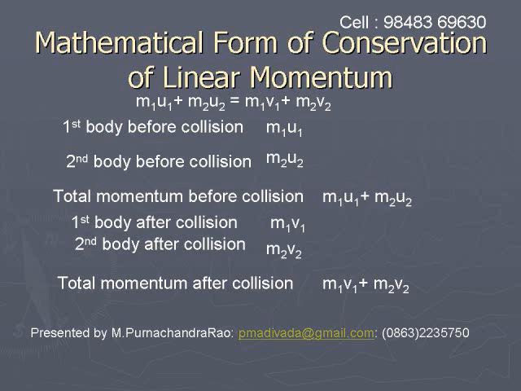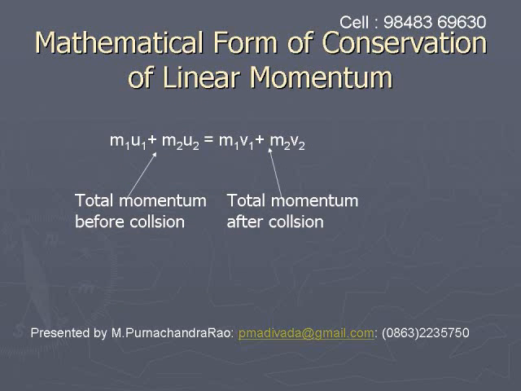If the total momentum is constant, then m1u1 plus m2u2 is equal to m1v1 plus m2v2. The left side represents the total momentum before collision, and the right side represents the total momentum after collision.